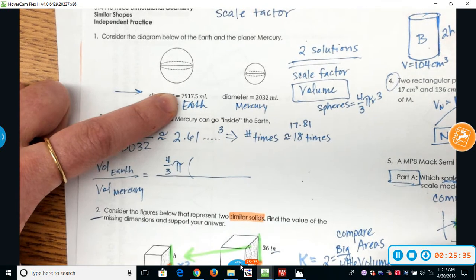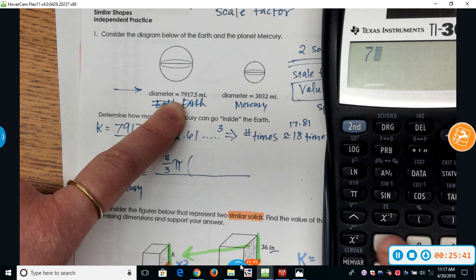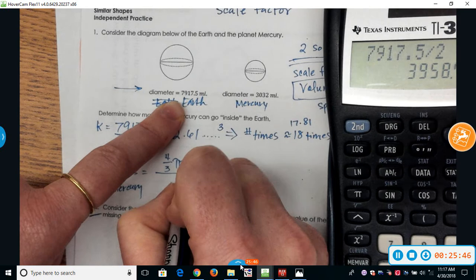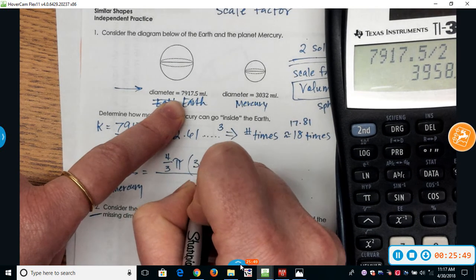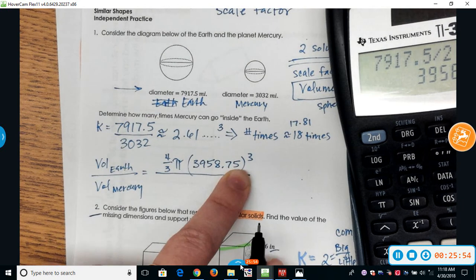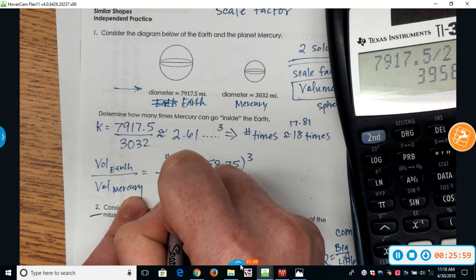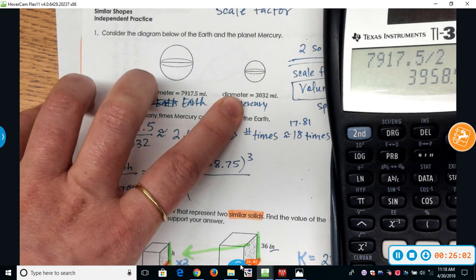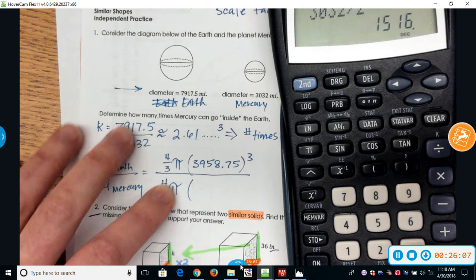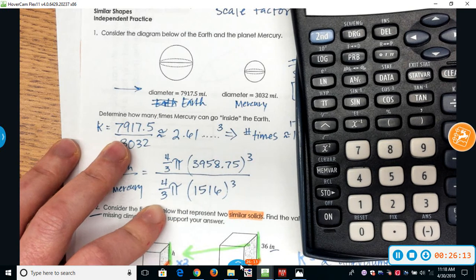Let's do a quick calculation of my radius here. Earth, 7917.5 divided by 2. That'll give me the radius, 3958.75, and I cube it. That'll give me a volume. Same here. When I'm dealing with volume, 4/3 pi. 3032 divided by 2 gives me the radius of Mercury, 1516.